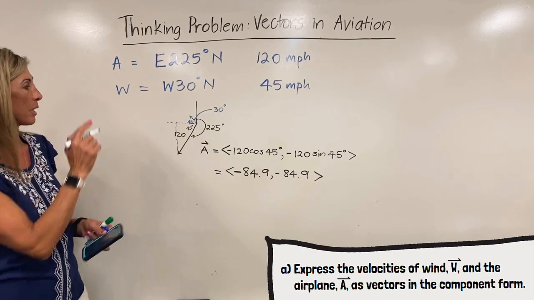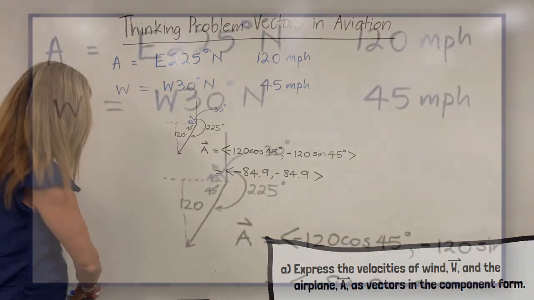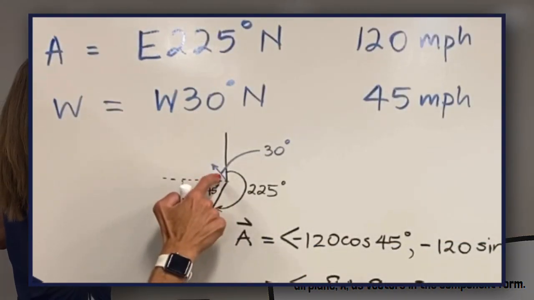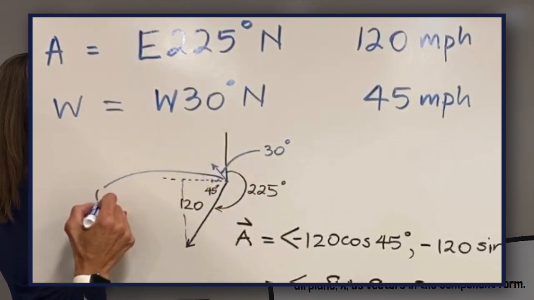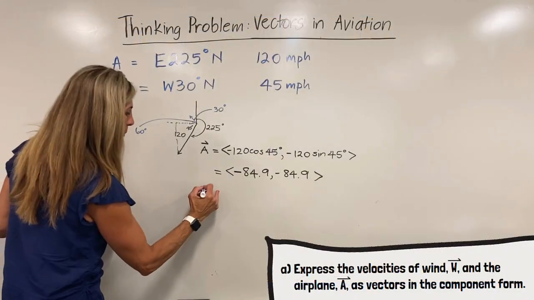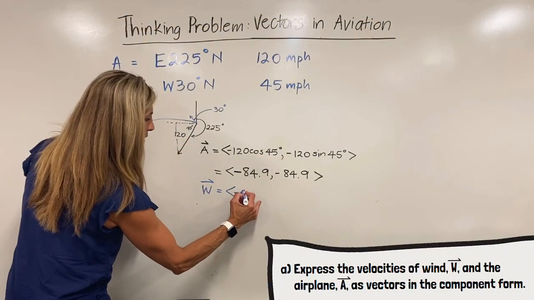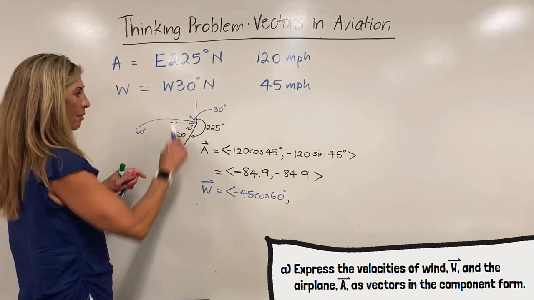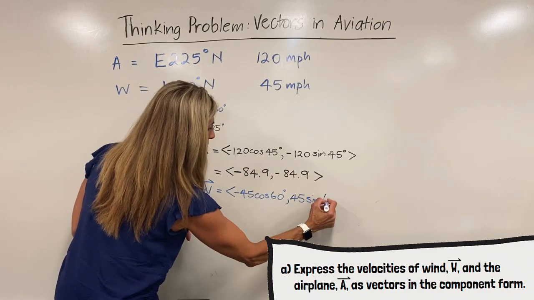Now we're similarly going to do the same thing for our wind vector. We notice that we have the 30 degree angle in here, which means the angle between the horizontal and the wind is actually 60 degrees. So our wind vector is negative 45 cosine of 60 degrees for the horizontal, and our vertical measurement is positive 45 sine of 60 degrees.